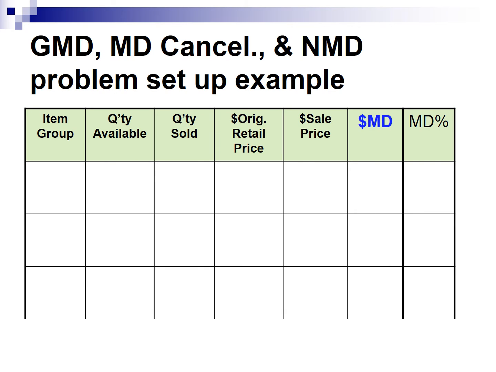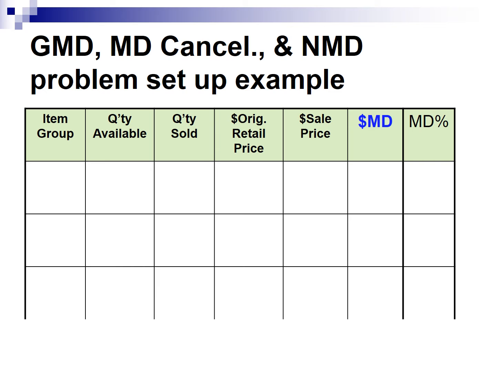When we are faced with problems that deal with a lot of different markdown situations with multiple groups of merchandise, some are marked down, some are not marked down, some are marked down but not all of them were sold at the markdown price, so they have to be remarked back up. These kinds of complex cases are real life cases. In that case, it's very important for us to keep track of all the facts.